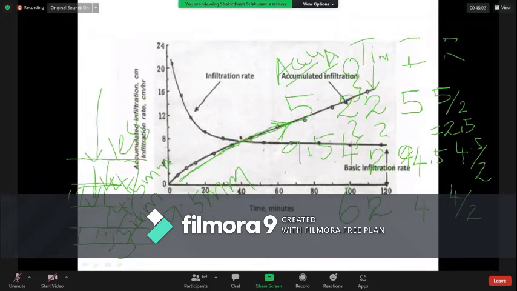So the infiltration will still happen, but the amount at a particular time decreases. At the initial time, the infiltration rate is very high, and with time the rate is reducing. But the accumulated infiltration amount is increasing, though the increment rate is becoming less.